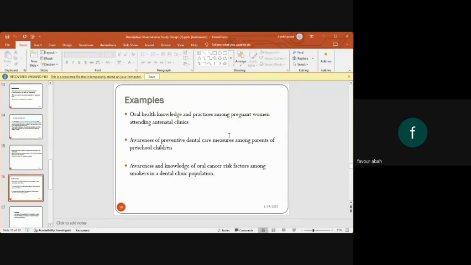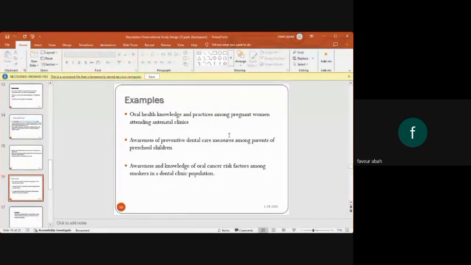Another example is awareness of preventive dental care measures among parents of preschool children. There are lots of examples, such as awareness and knowledge of oral cancer risk factors among smokers in a dental clinic population. So you have your population already, so you know who your population is and where to get the data at once.